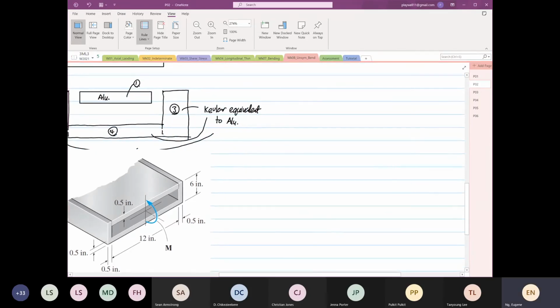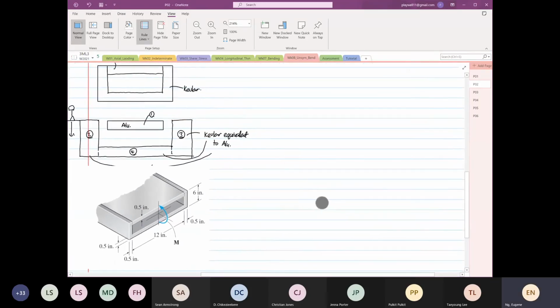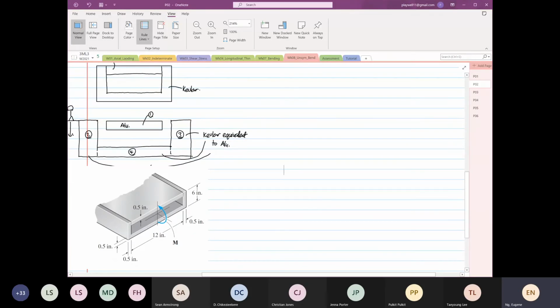Likewise, nothing changed. This is a table that I will usually draw to find the centroid. It's not going to be any different from the table that I've taught you before.